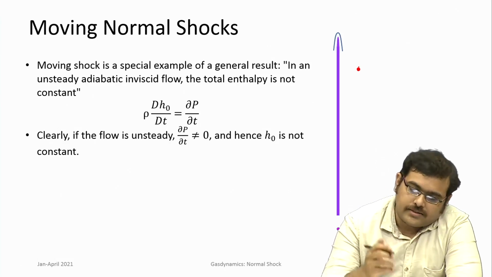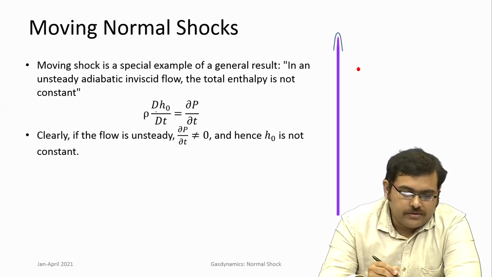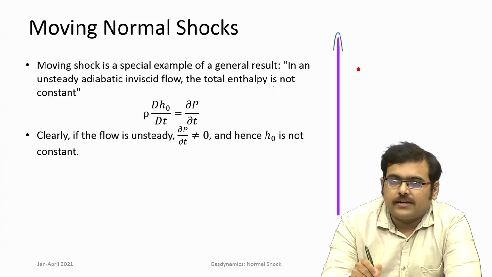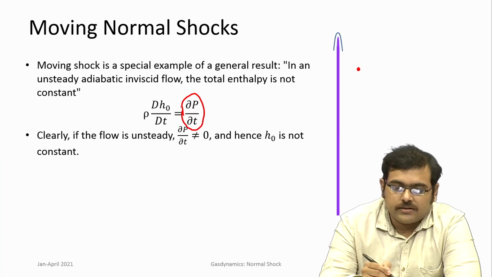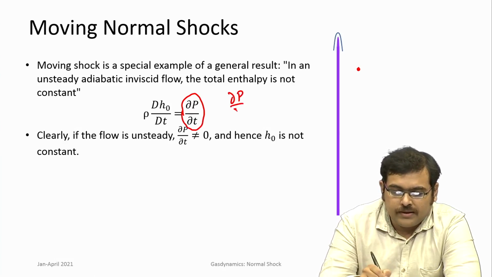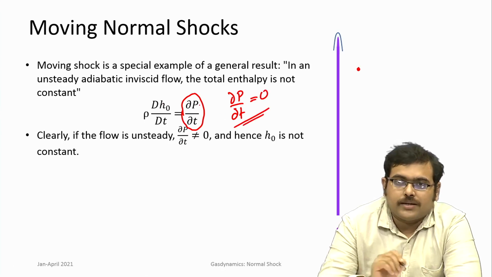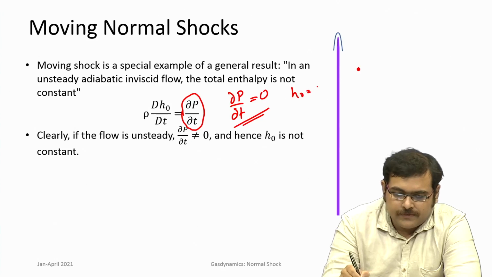So, when it is not a steady flow problem, if you look at the energy equation, then you find that on the right hand side, of course neglecting any heat addition and other terms, you have the term related to unsteady pressure, dou P by dou t. In a steady flow, dou P by dou t is 0, and as a consequence you get in adiabatic flow H naught is constant. Okay.